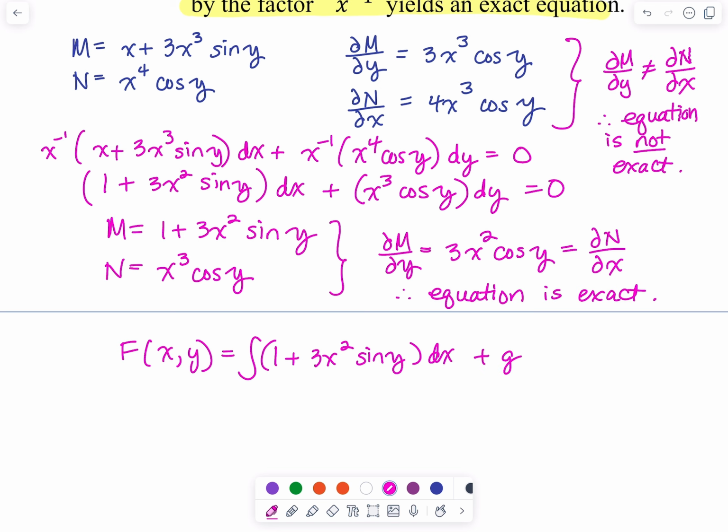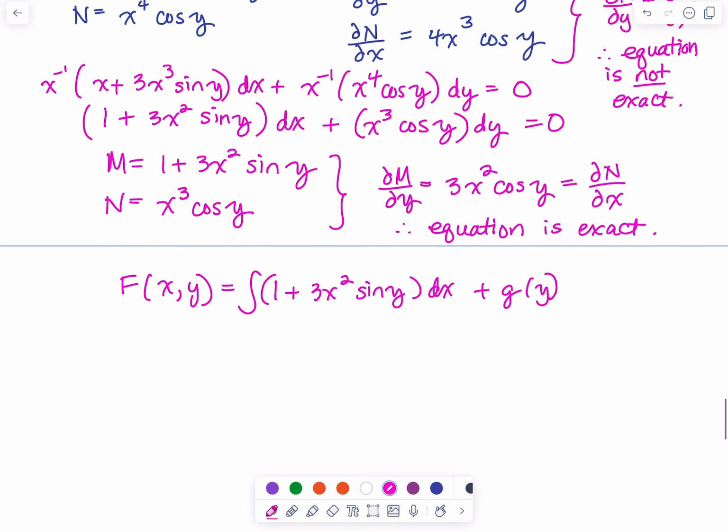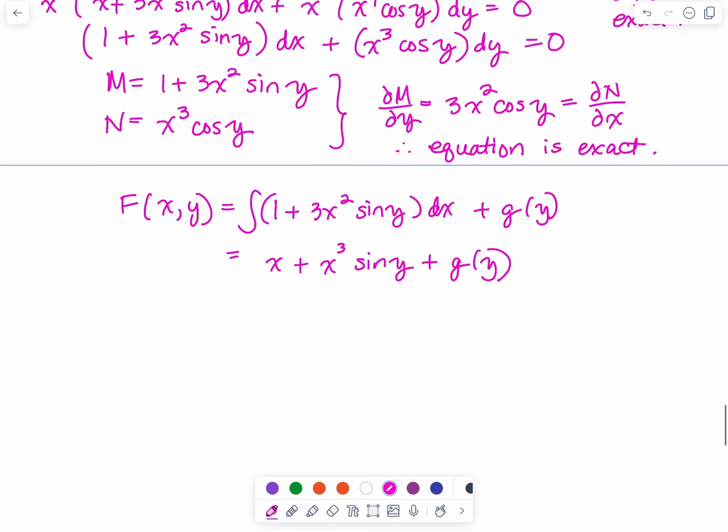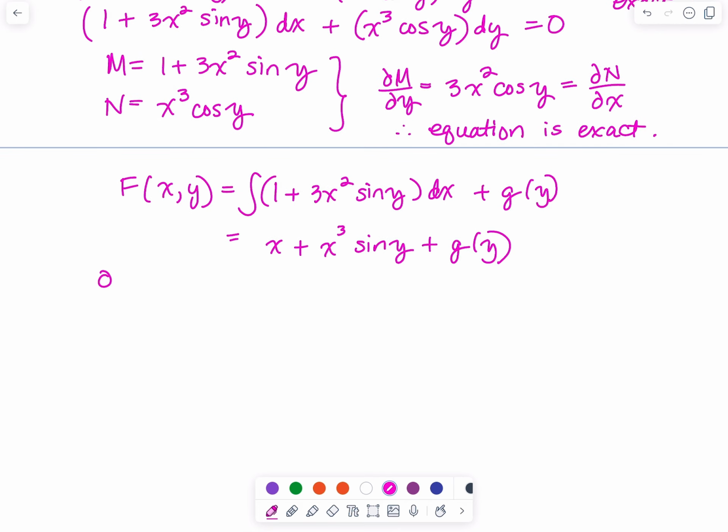And here we have x plus x cubed sine of y plus g of y. And now we take the partial derivative of f with respect to y, and we're going to set that equal to n.